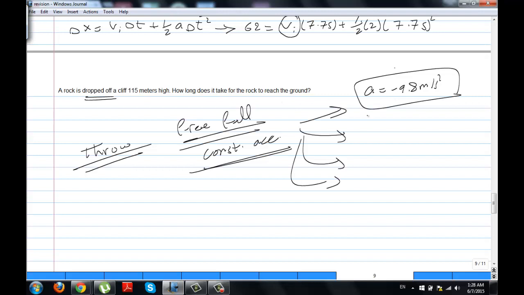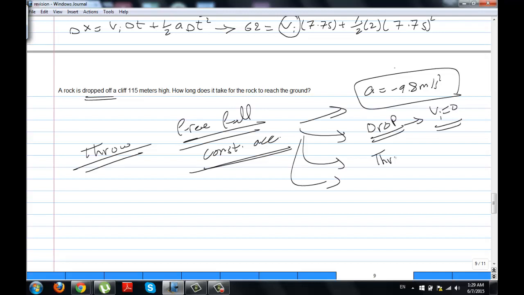Also, if the object is said to be dropped, this means that vi is 0. When you drop something, you're dropping the object from rest, unless it says an object was dropped with a certain speed, in which case there is a vi. But in general, dropping an object means that it is falling from rest.